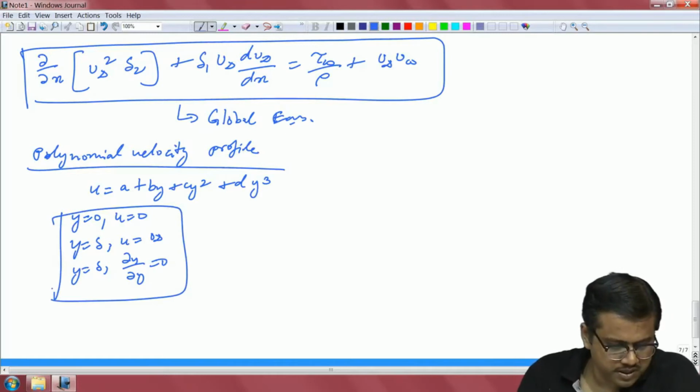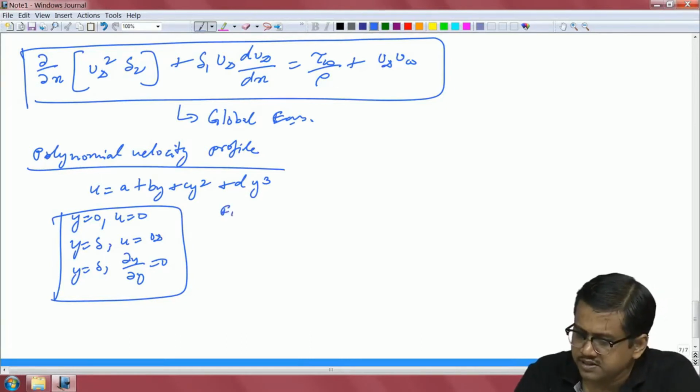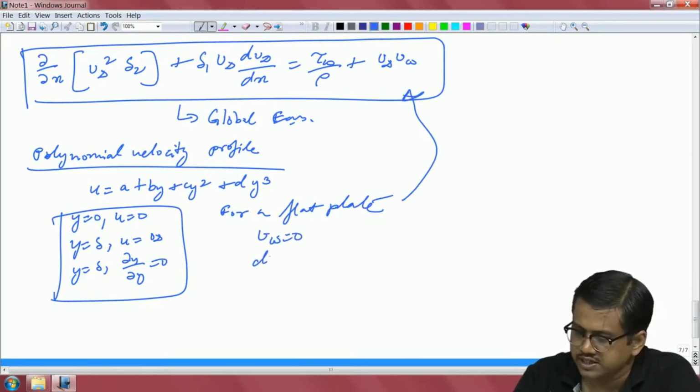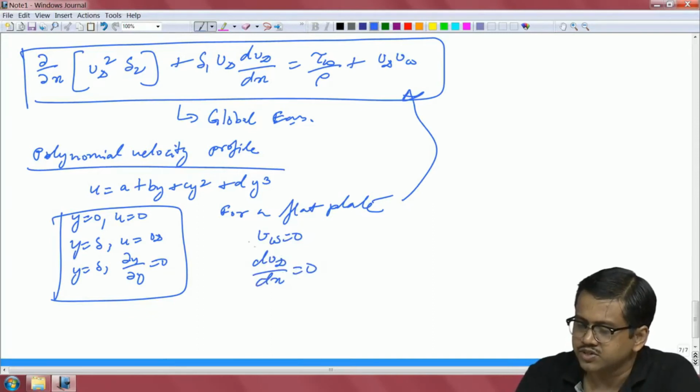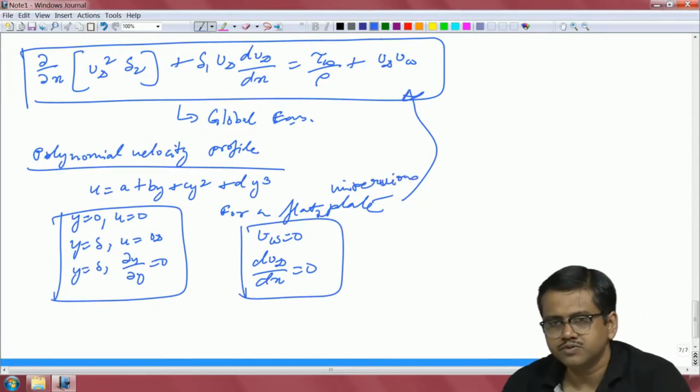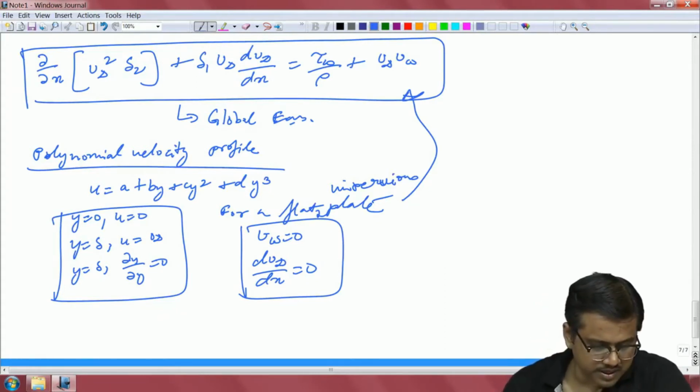Now, before we go to what happens at y equal to 0, for a flat plate this equation gets revised a little bit, because V w is equal to 0 and du by dx is equal to 0 also, for a flat impervious plate. So, for these plates, this added assumption can be made.